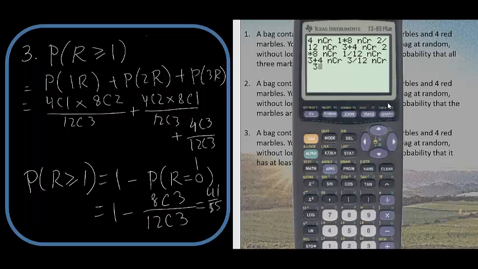See, I'm just doing it part by part. So we have 4C1 times 8C2 divided by 12C3, plus 4C2 times 8C1 divided by 12C3, plus 4C3 divided by 12C3. And when I hit enter, I get the same answer. And I go to math, hit 1, that gives me the same answer, 41/55, and we are done.